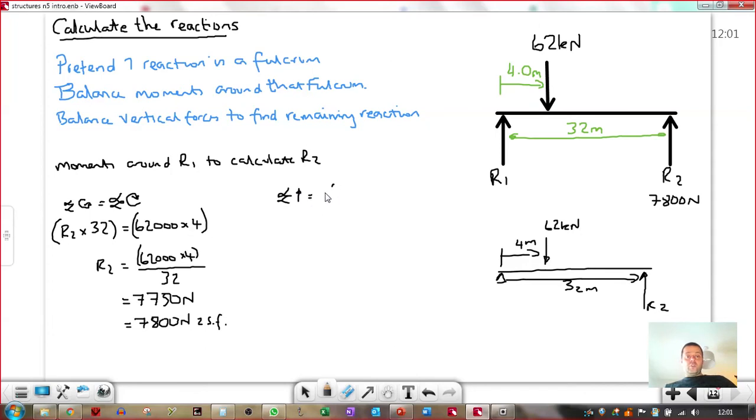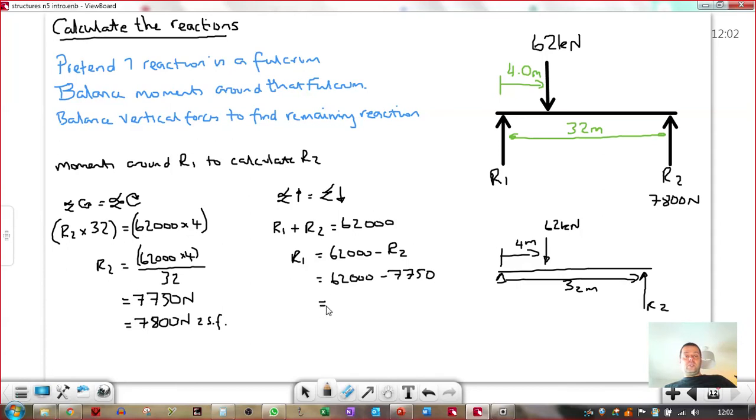All the upwards forces must equal all the downwards forces, so that's going to be R1 plus R2 must equal 62,000. So R1 must equal 62,000 minus R2, and it's important that you use the unrounded value. When you carry values forward into another calculation, you shouldn't use the rounded one, you use the unrounded one.